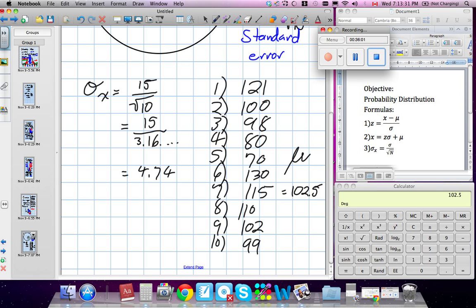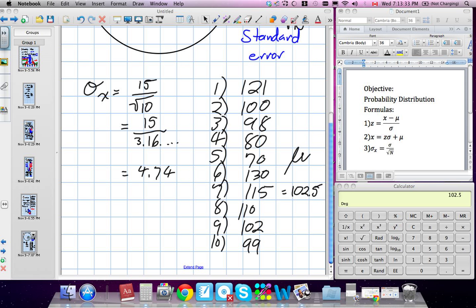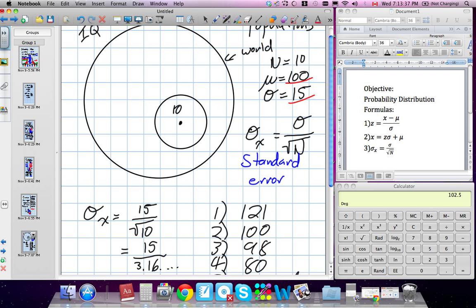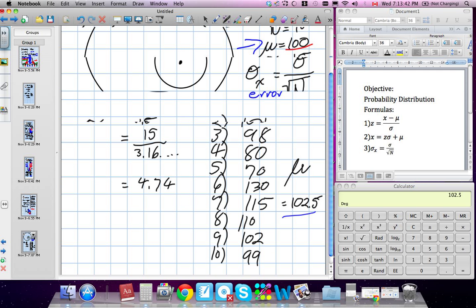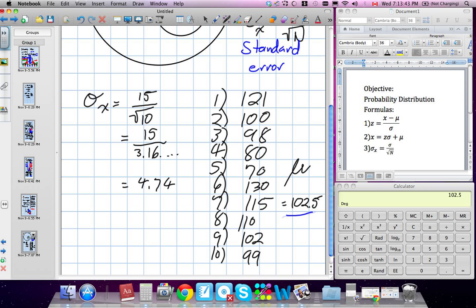So let's say he finds 10 IQs: 121, 100, 98, 80, 70, 130, 115, 110, 102, and 99. He finds them all.